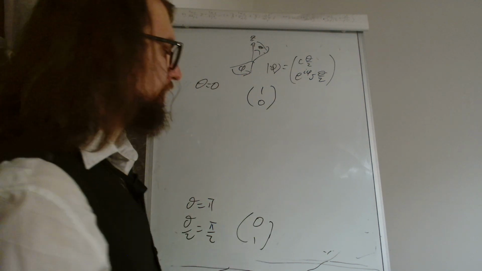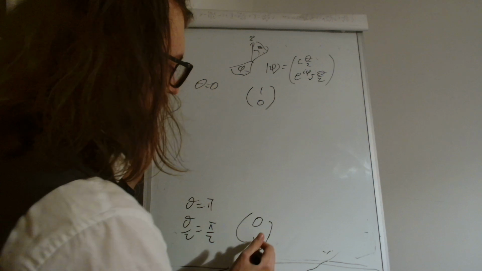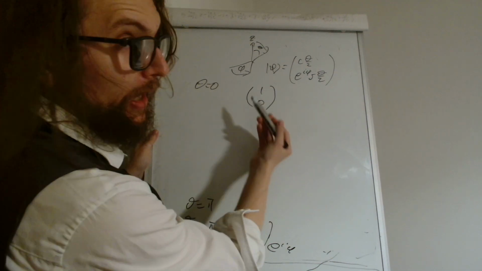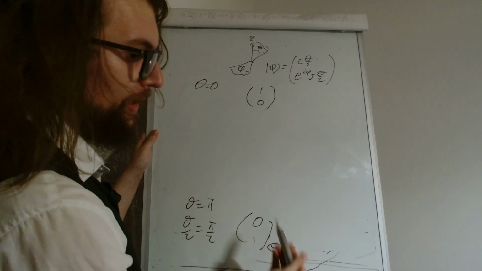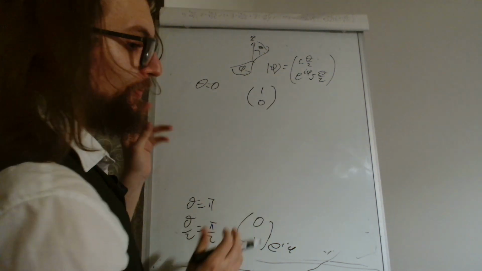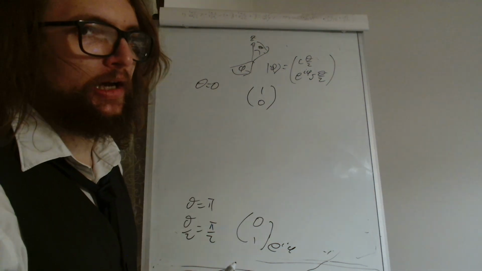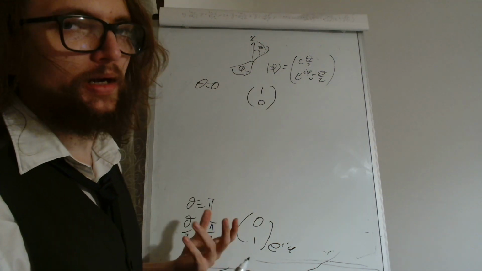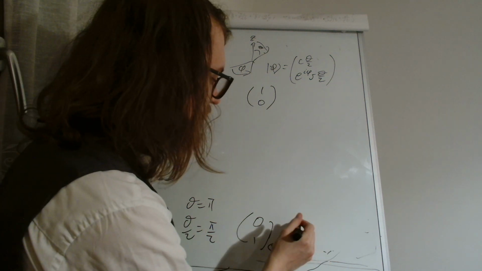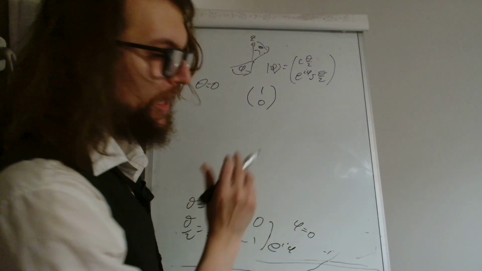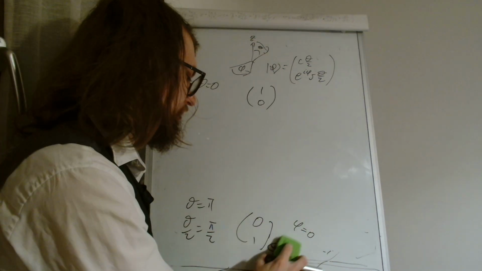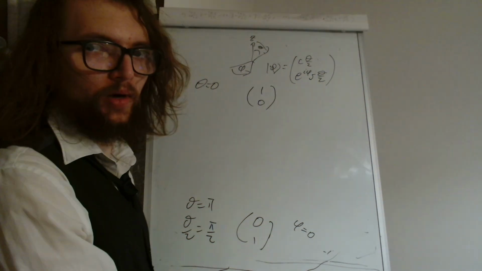Notice, by the way, that here we have a singularity, because here we should put e to the i phi. Here e to the i phi gets multiplied by 0. Here instead we remain with e to the i phi, so we are at the poles, and phi can have any number. There is the singularity at the poles in the sphere. So by convention we choose phi equals 0 at the poles, so that here we get the vector 0, 1.